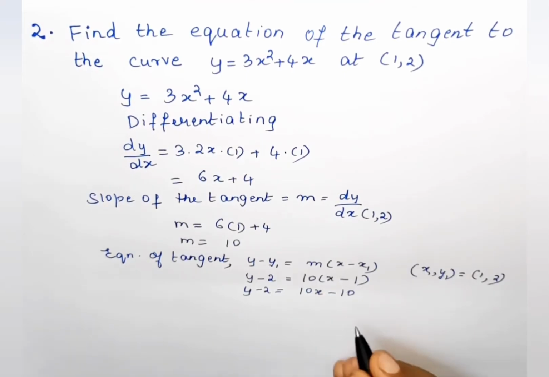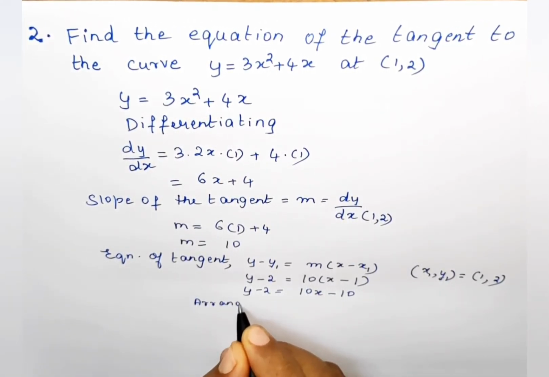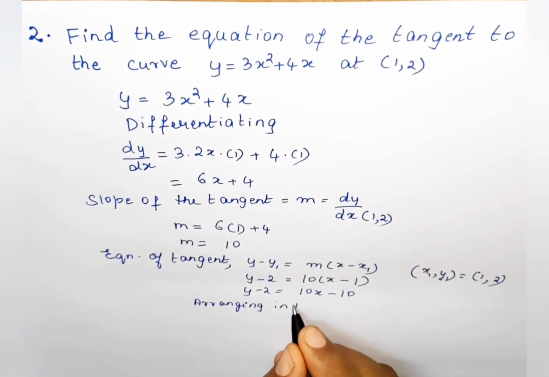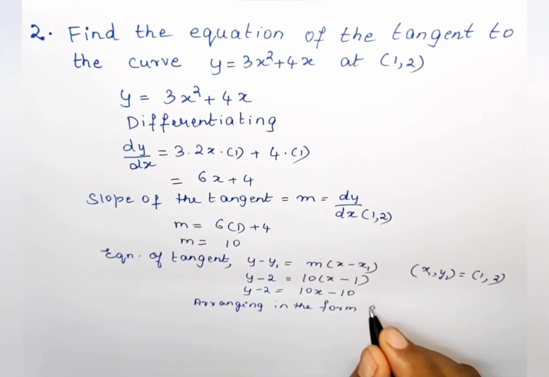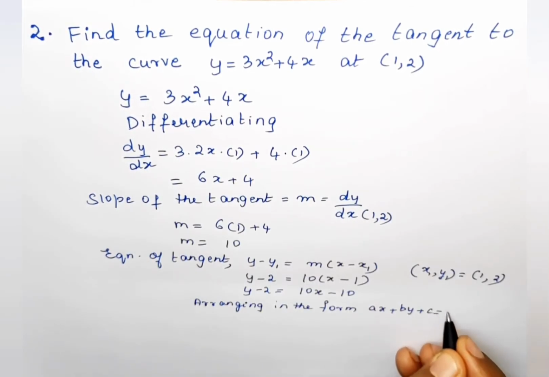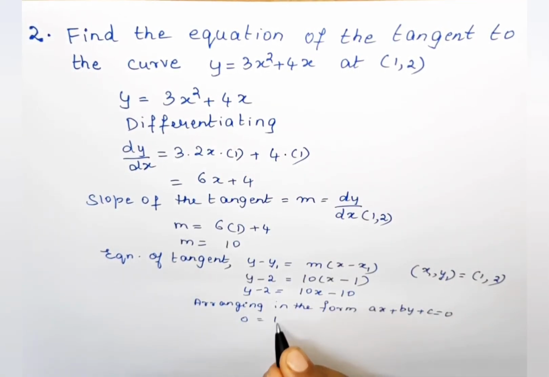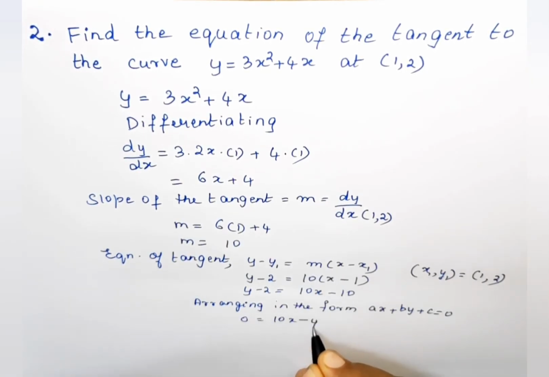Now let us arrange this in the form ax plus by plus c is equal to 0. So we have to arrange this in the standard form ax plus by plus c equal to 0. Let us shift the terms which are on the left hand side to the right. So let us write 10x plus y.